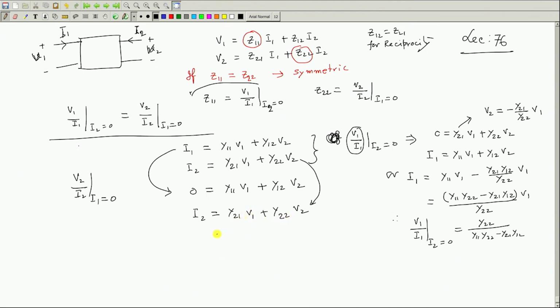So, V1 I will substitute from the first equation. So, it will be V1 will be equal to minus Y12 by Y11 into V2, and plus Y22 V2.